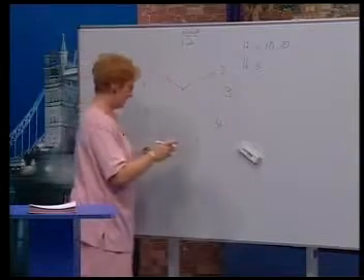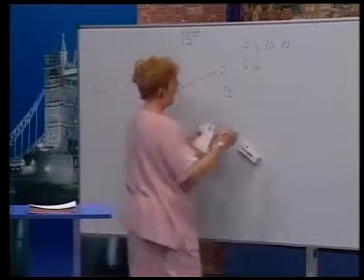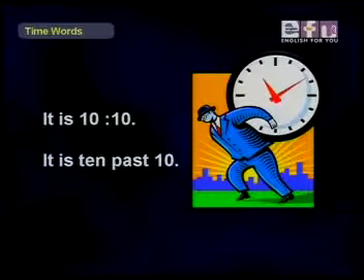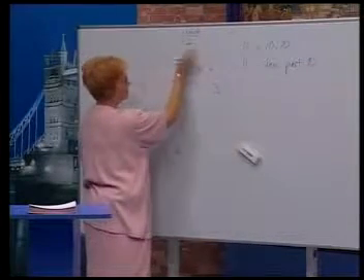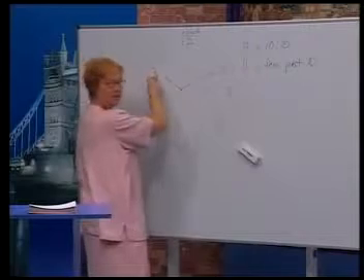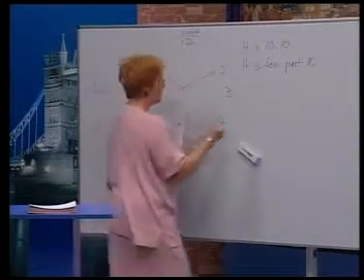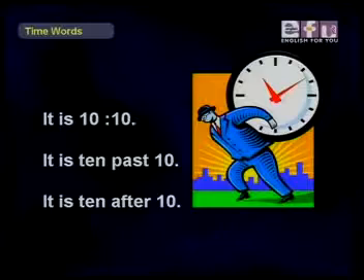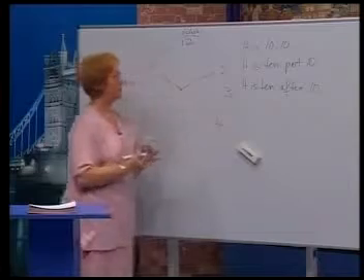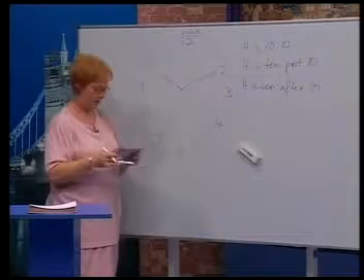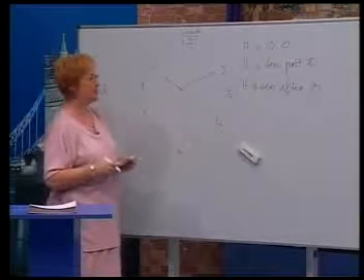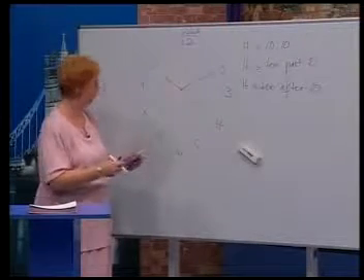Or we can say it is 10 past 10. It is 10 past 10. Or it is 10 after 10. It is 10 after 10. All right? It is 10:10, it is 10 past 10, it is 10 after 10.